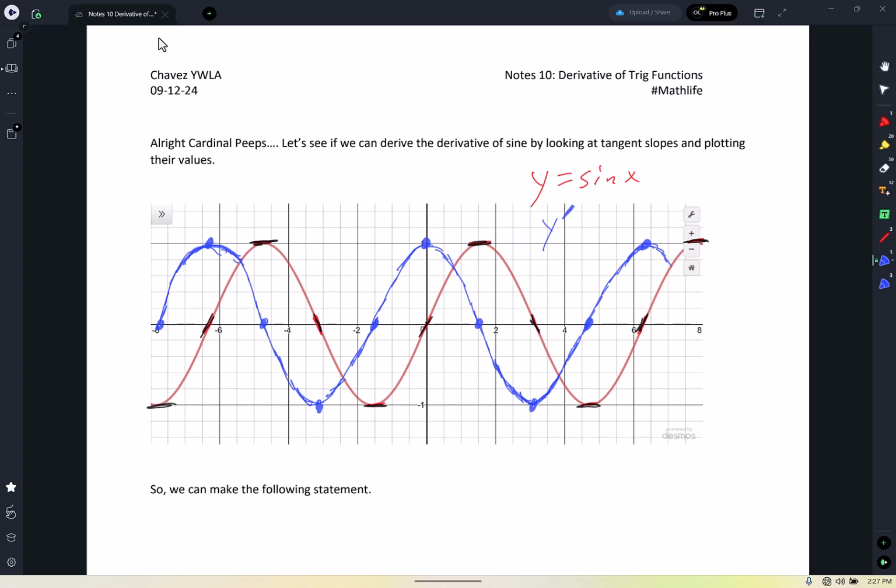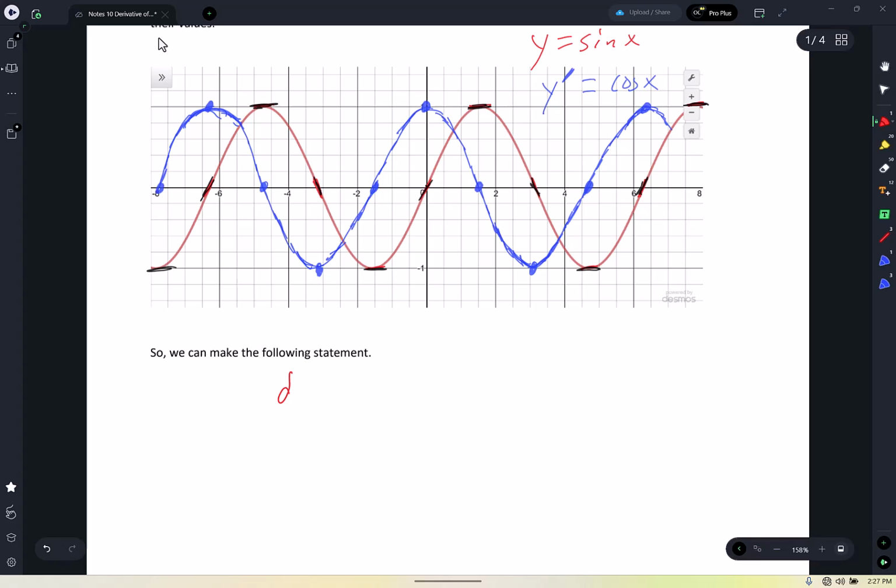Look at that. That's my derivative curve. Isn't that cool? What curve does that look like to you guys? That's cosine x. So from now on, the derivative of sine x is simply cosine x.